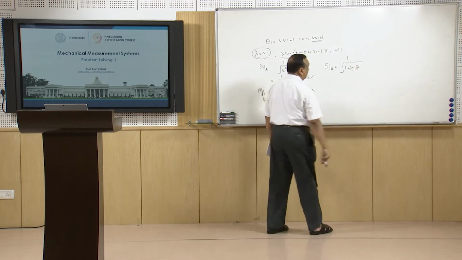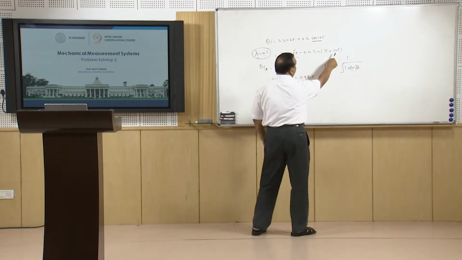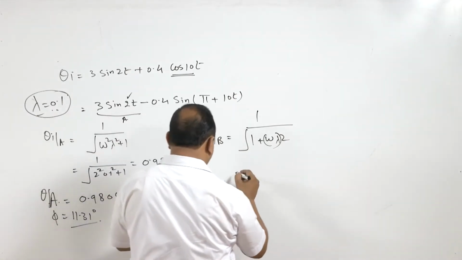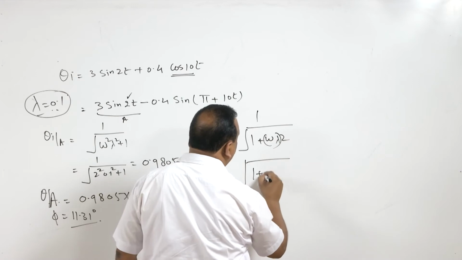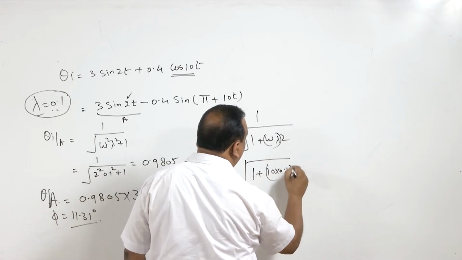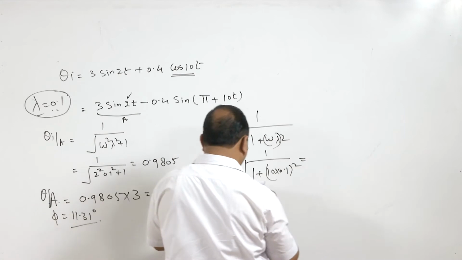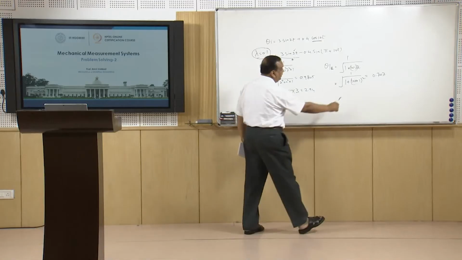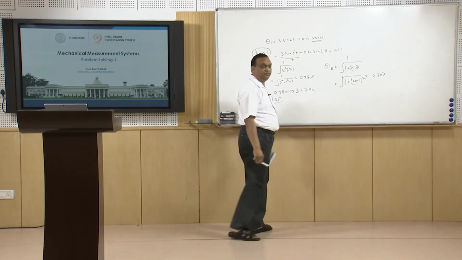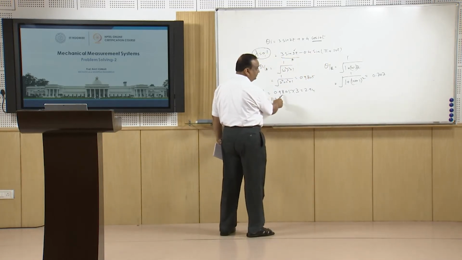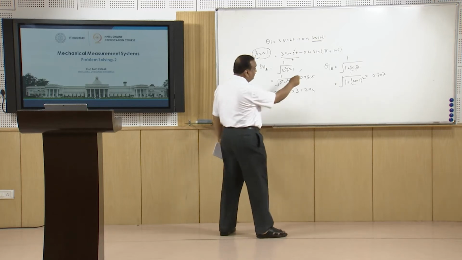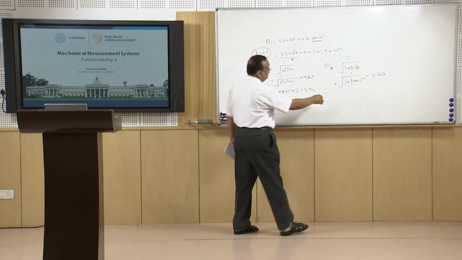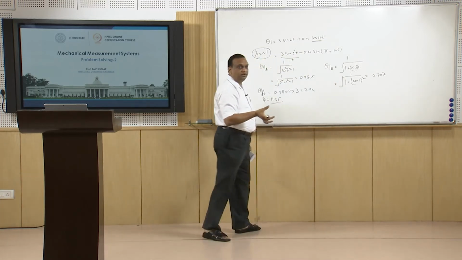Now here omega is 10 and lambda is 0.1, so it is going to be under root of 1 plus (10 into 0.1) whole square, and that comes to be 0.707. So here the amplitude is attenuated by 0.707 and here it is 0.98, right? Because the frequency is high. So when the frequency is high, the amplitude ratio will be low.